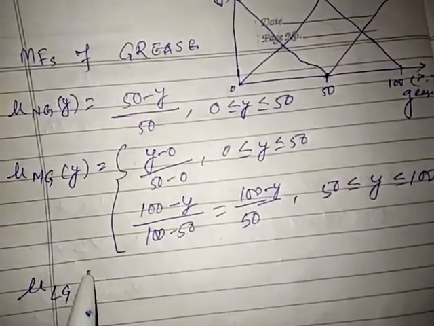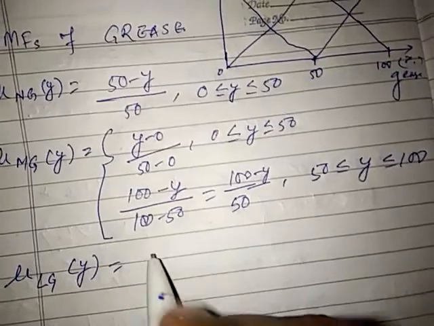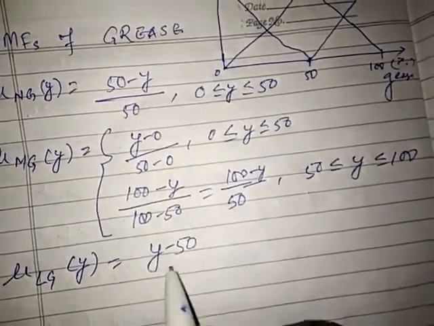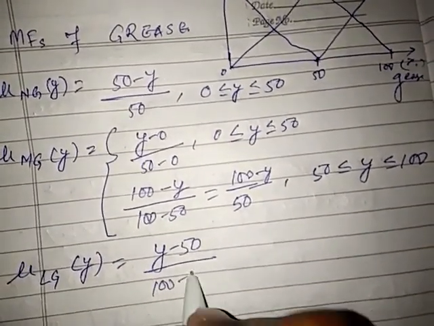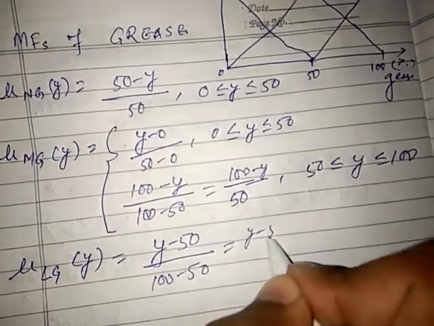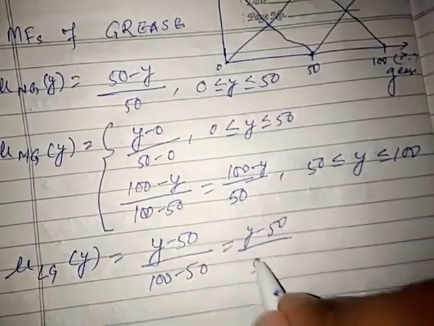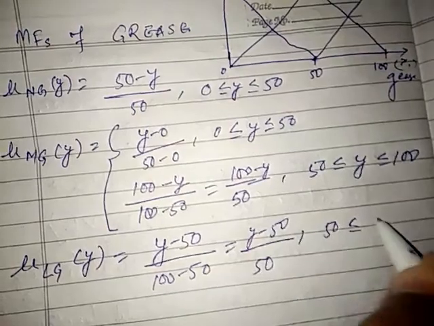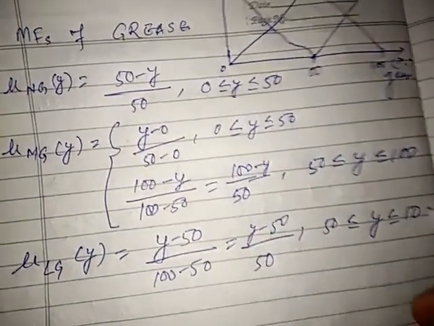In case of the membership function of large grease, we have to calculate y minus 50 divided by 100 minus 50, that is equal to y minus 50 divided by 50. The range is 50 less than y less than 100.